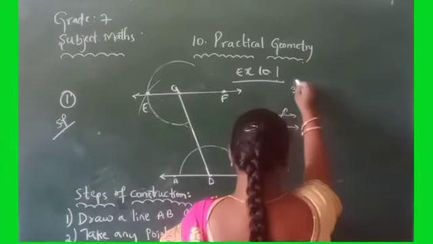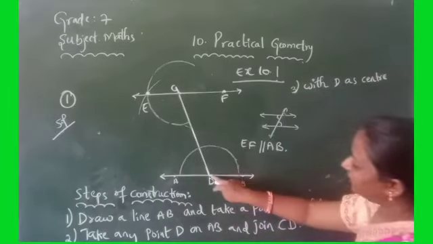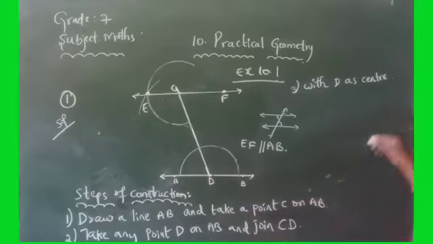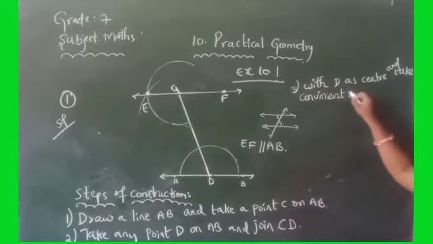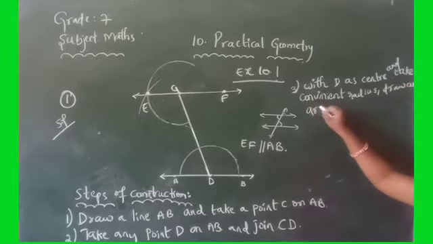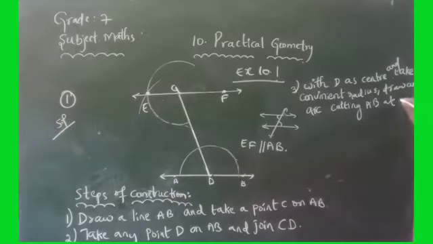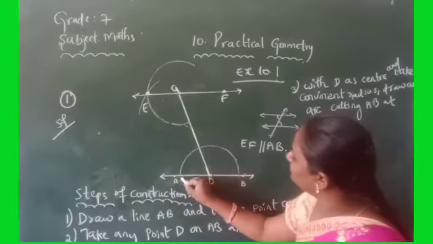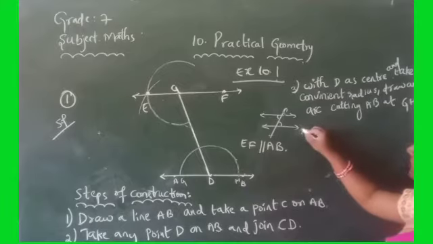And the third step is what? With D as the center, take some convenient radius and draw an arc so that it cuts AB at, you can give any names, say G and H. And the fourth step is what?